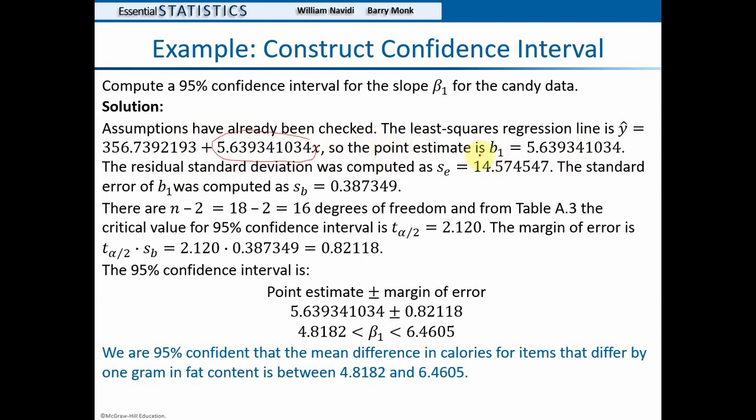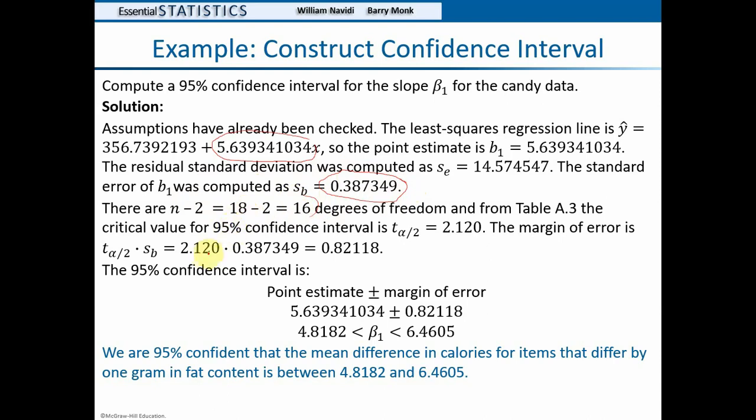The point estimate is B1. We've got that. The residual standard deviation was computed as S sub E. The standard error, that's what we had just calculated, 0.387349.